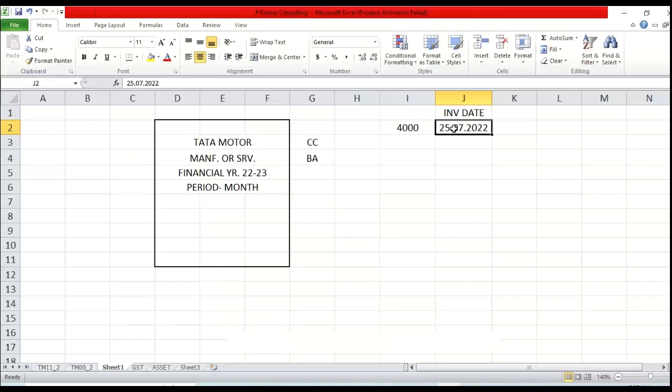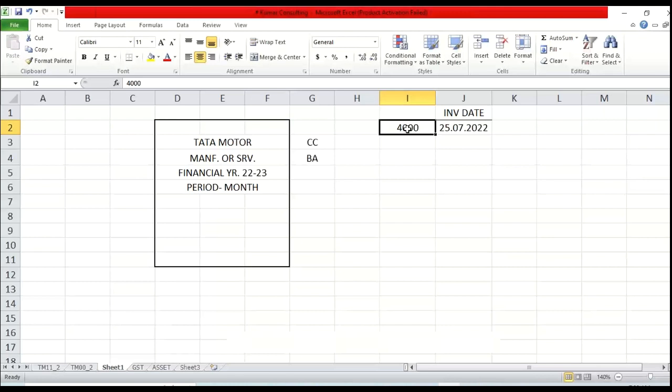Now, let's suppose this invoice was handed over to the finance department, right? In the finance department, there will be certain people who are responsible for posting these invoices, guys.